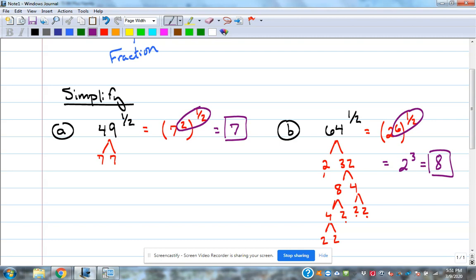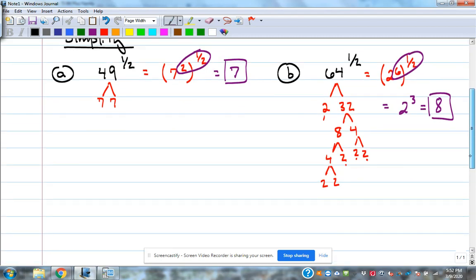You just want to break that number down. I always break it down as far as I can, to where every end of my tree is a prime number. That way I don't miss anything. But yes, you could have done it with 8 and 8 just like we did with the 49 and the 7s. It would have been the same for this one just because of that number.